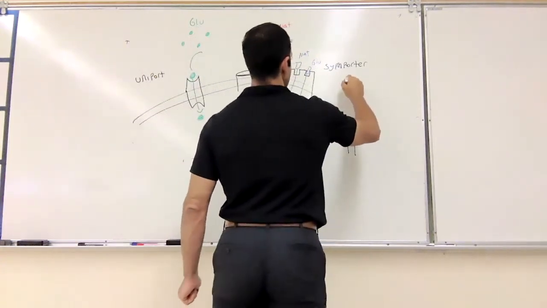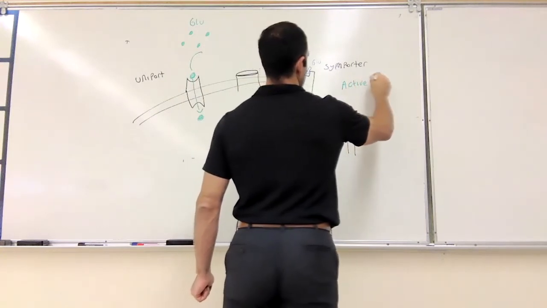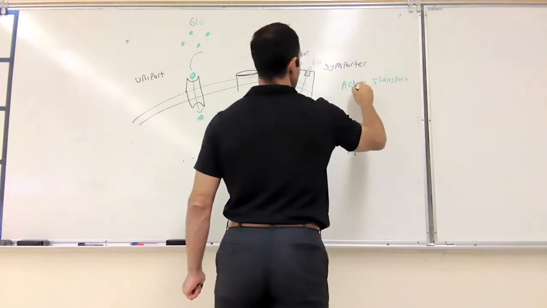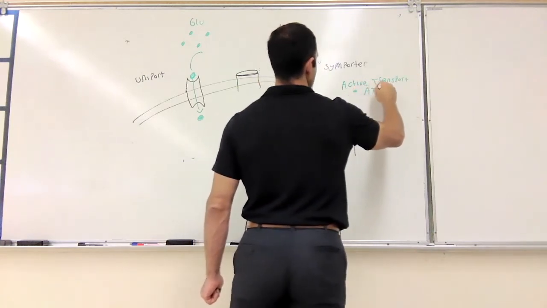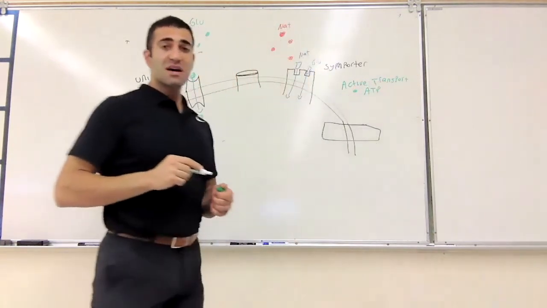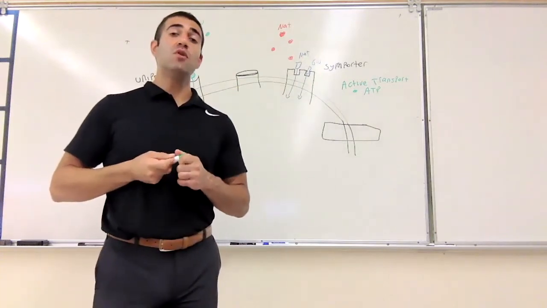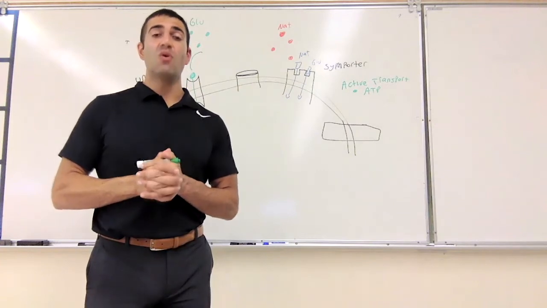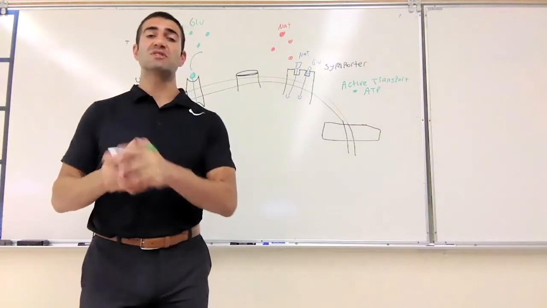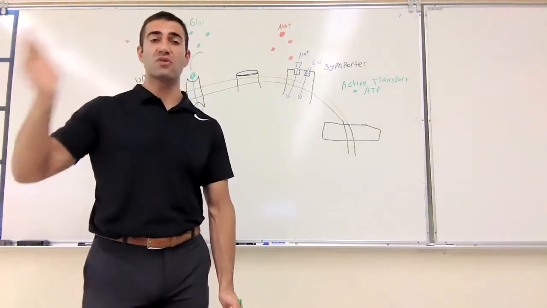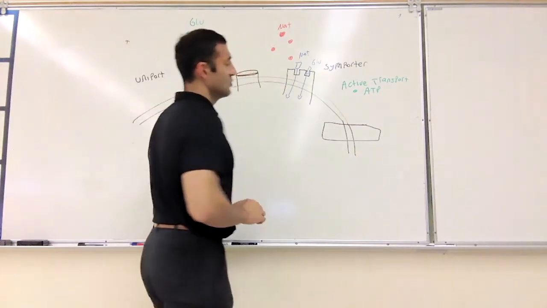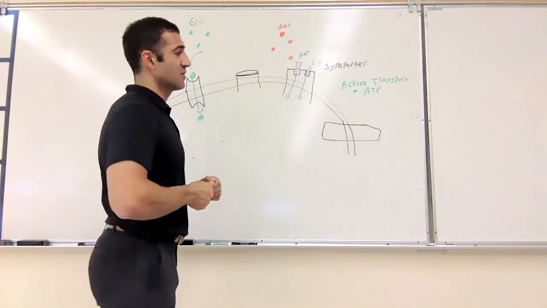Active transport needs the energy molecule ATP. And what it does is it moves molecules against their concentration gradients. What it wants to do is get molecules completely on one side or the other. So they move molecules against their gradients.